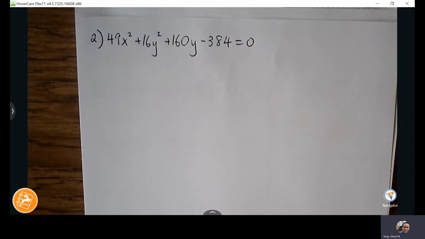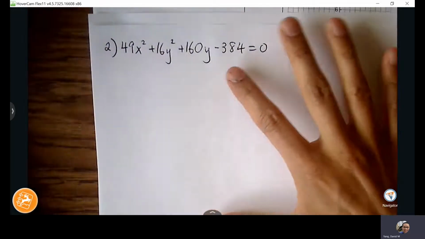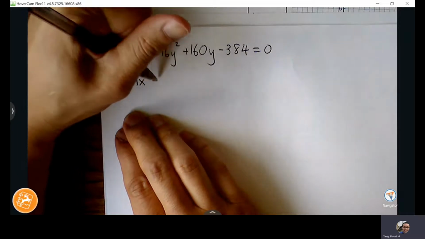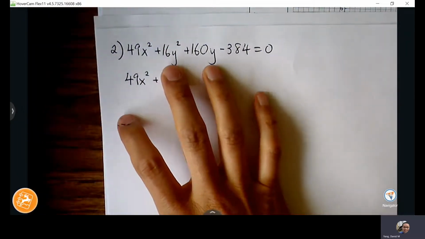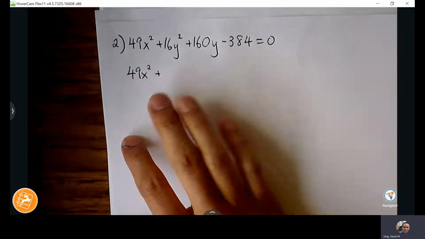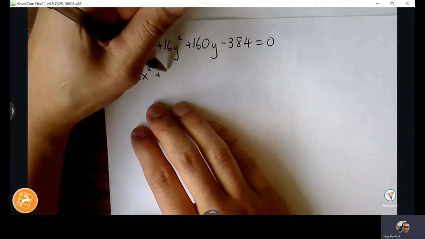Now, this 49x squared, we know we have to deal with it down the line, but we don't have to complete the square for the x's because we don't have x squared and x. It's just x squared. So we only have to deal with the y's. We'll leave the 49x squared alone and deal with it later, but it's only the y that we have to work on to complete the square and factor.